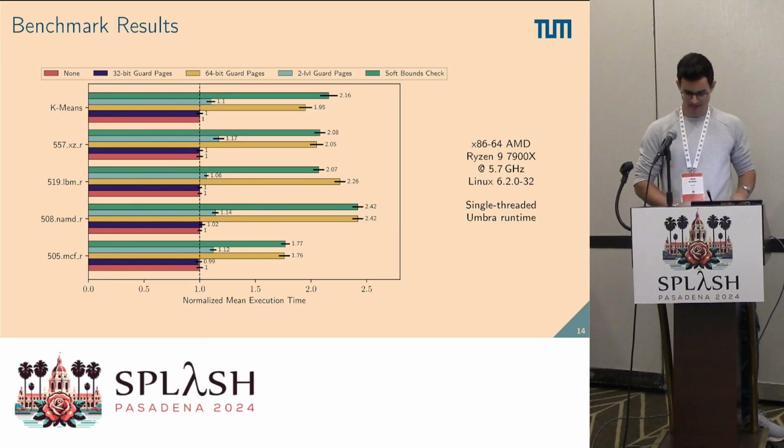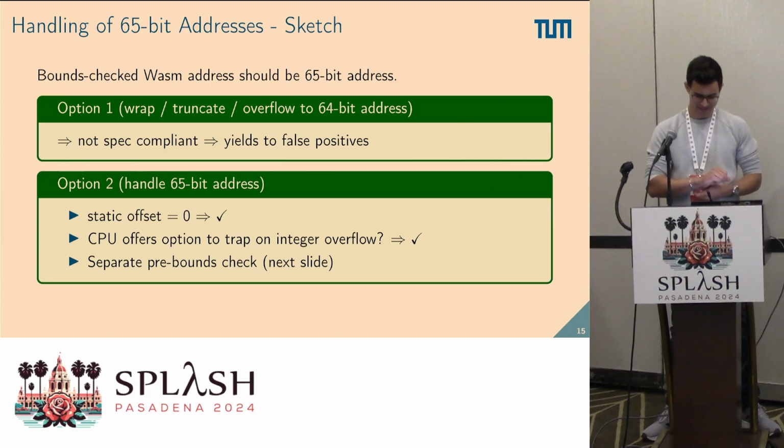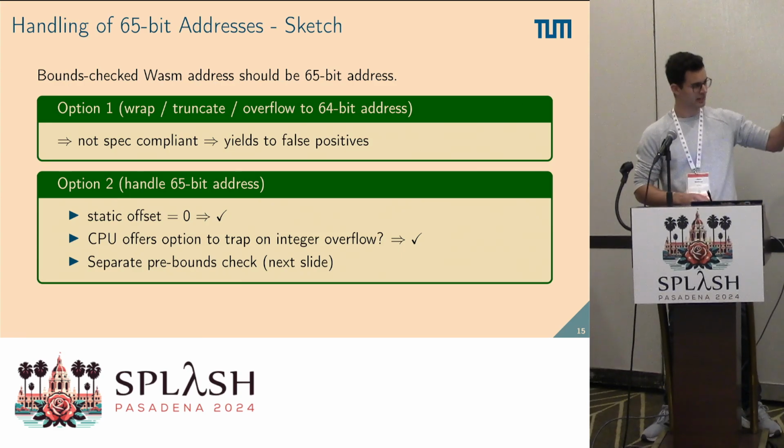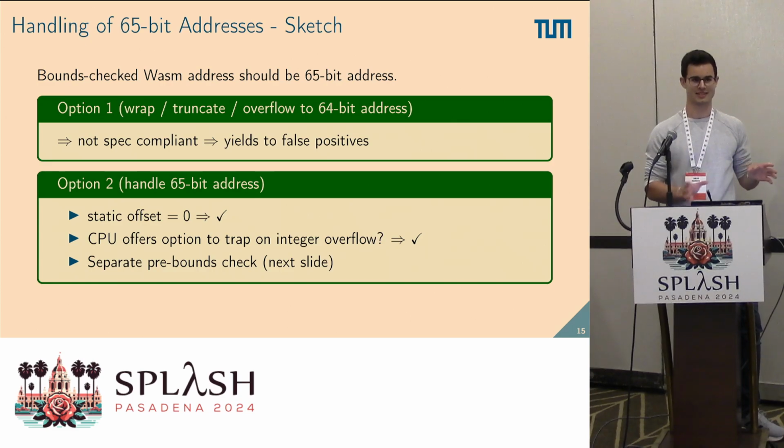Yeah, that's basically it. I've got some more slides which handle the 65-bit thing for truncation. I'll go through this quickly. They are more thought of as a discussion topic, probably, because currently we wrap 65-bit addresses. Again, we have 65-bit addresses because we take a 64-bit integer from the stack and add the 64-bit immediate that is encoded into the instruction.